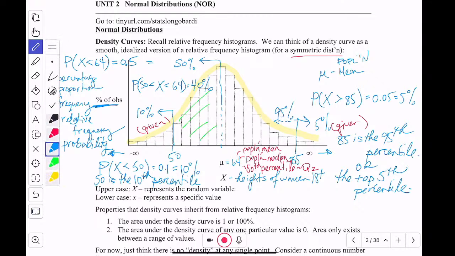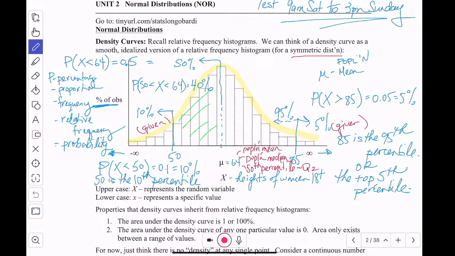So as I explained, and I put in the chat, for the test on the weekend, I will administer it 9 a.m. on Saturday to 3 p.m. on Sunday. Okay? You're going to have to submit it to me on Sunday.